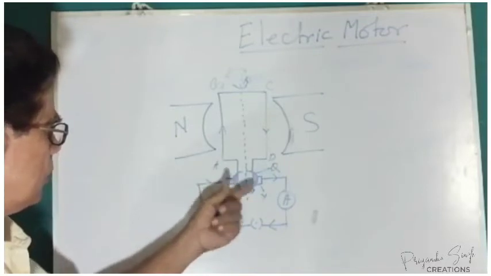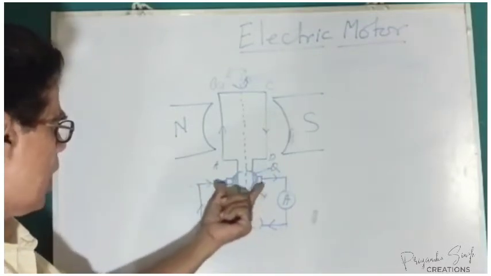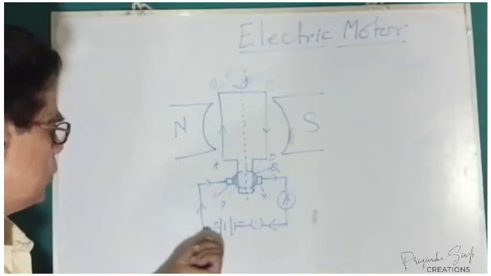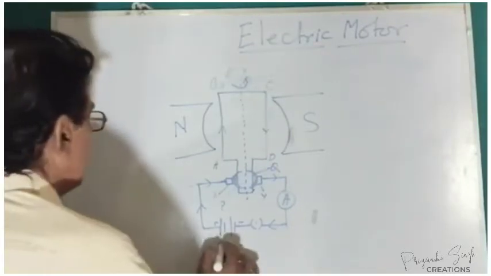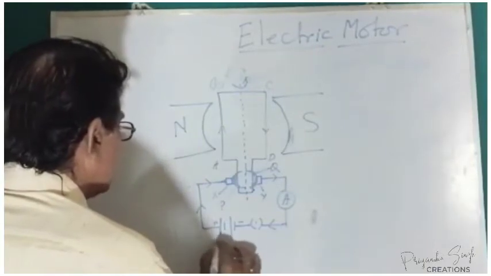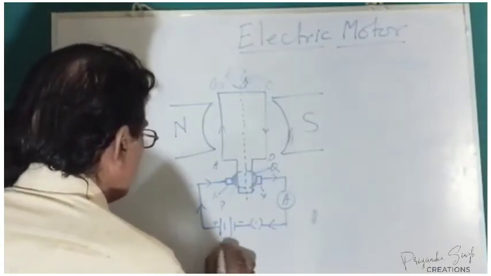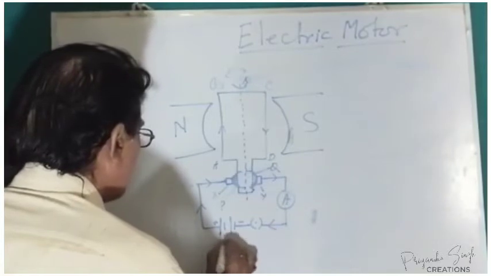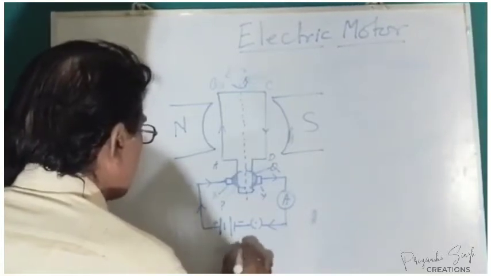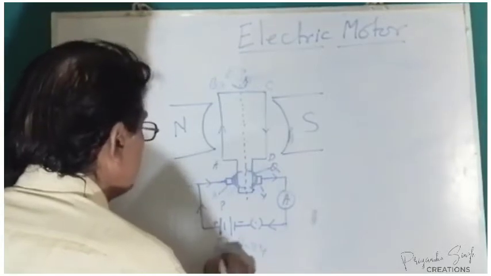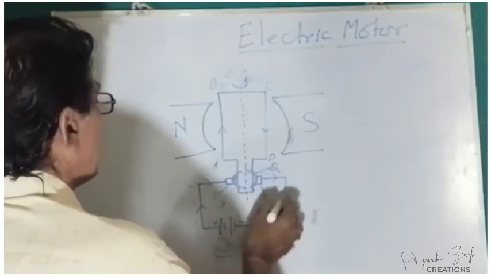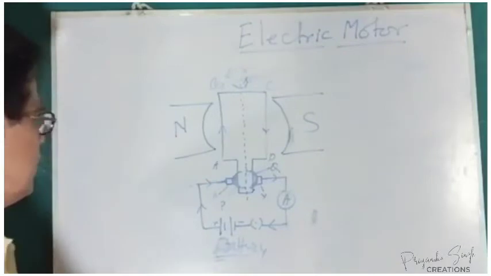Now, the two carbon brushes are connected to the electric source or the battery here, which is the external source of supply of electric current. This is the key plug and the ammeter is also fitted here.